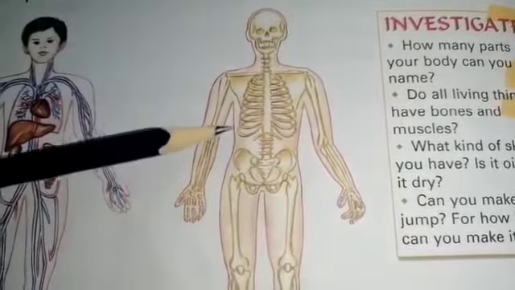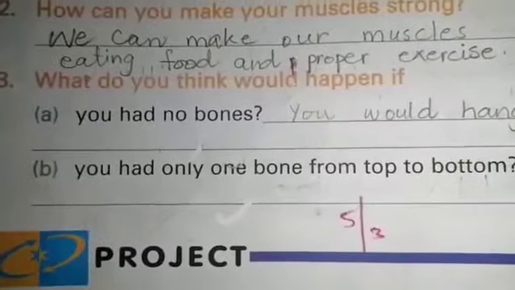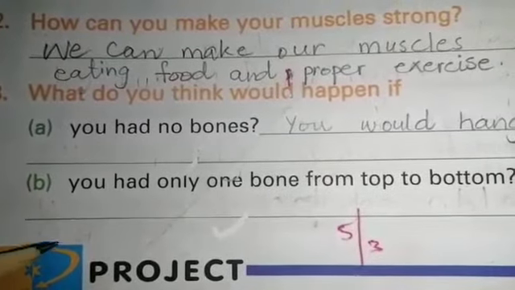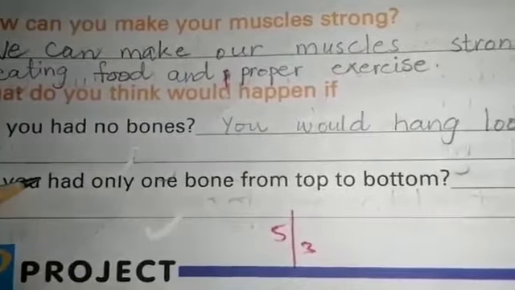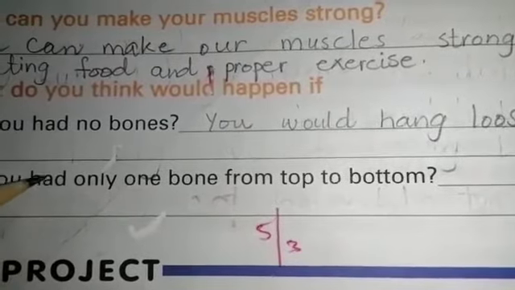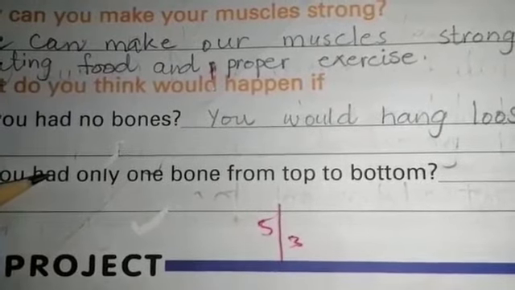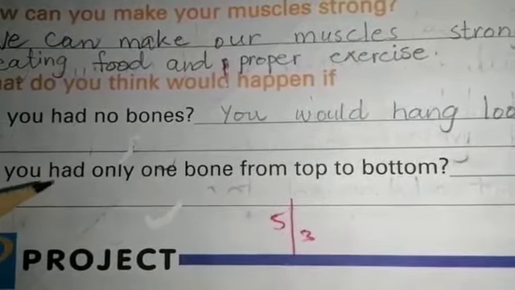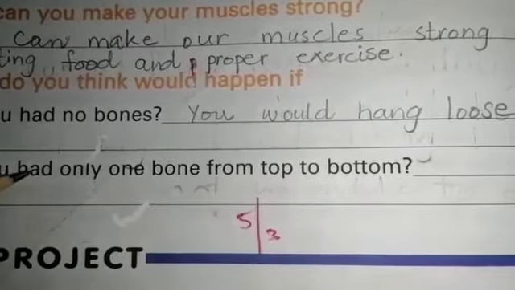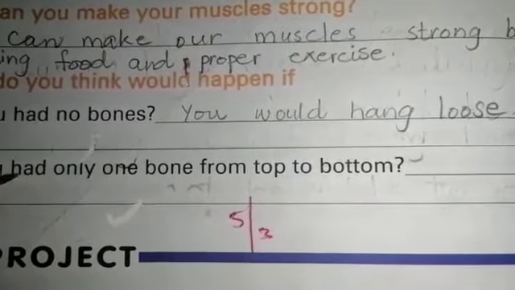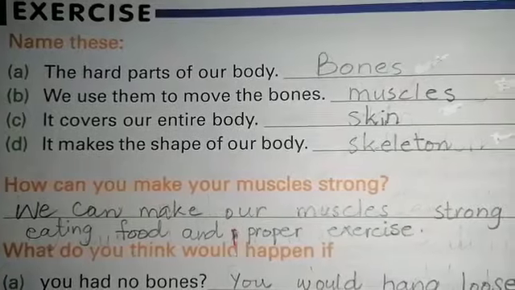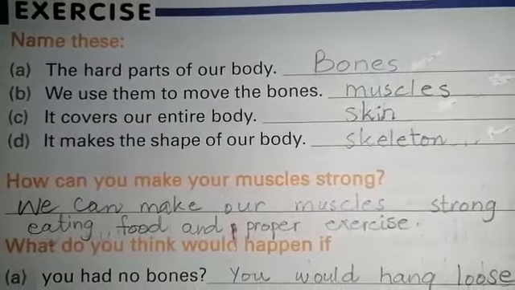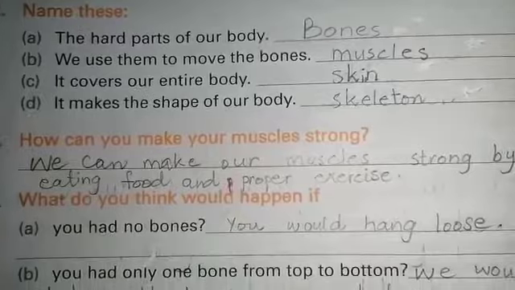It's very difficult for us to move. So here we can write B. You had only one bone from top to bottom. So it's clear that if we had only one bone from top to bottom, we would not be able to move our body. So I hope you have better understood this exercise. So please learn this exercise.